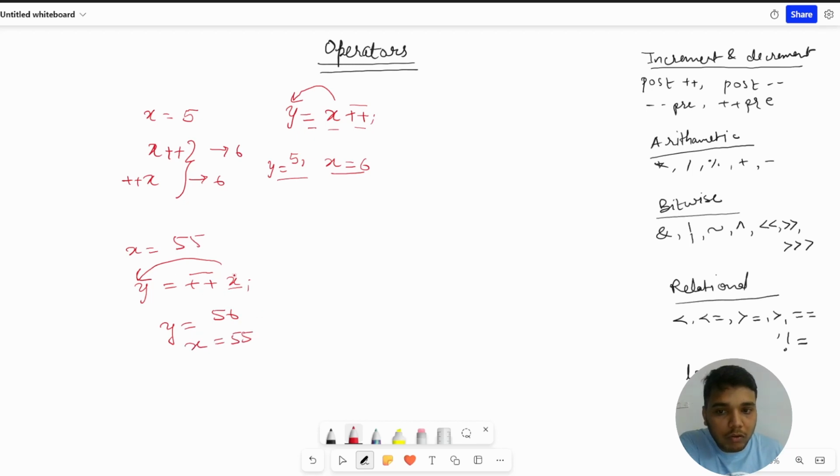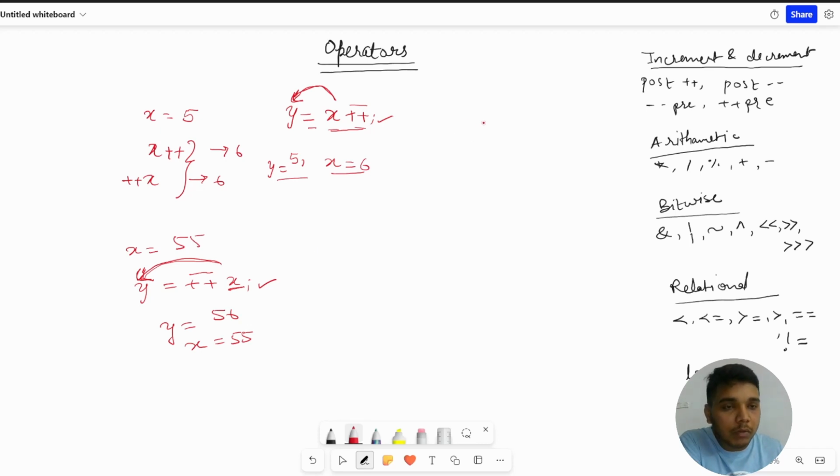The increased value of x would be inside y. But in the earlier case, the value of x went inside y first, then x was increased by 1. This is the post operator, and this is the pre operator.